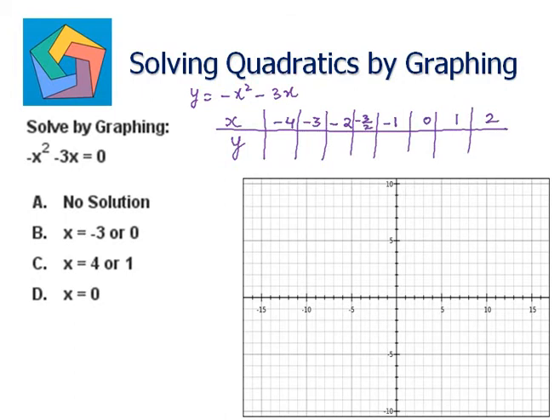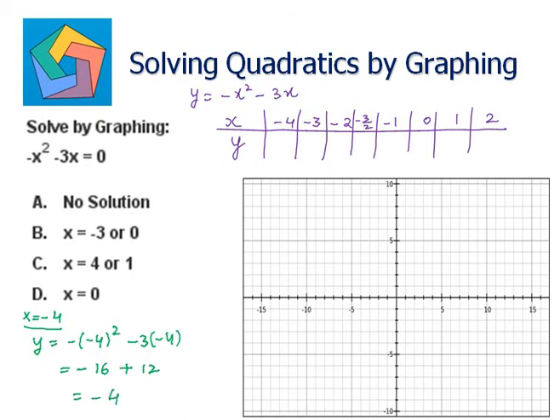Let us find our value of y at x is equal to -4. At x is equal to -4, y will be minus of minus 4 squared minus 3 times minus 4. Minus 4 squared is 16, so minus 16 plus 12. Minus minus becomes plus. Minus 16 plus 12 becomes negative 4.